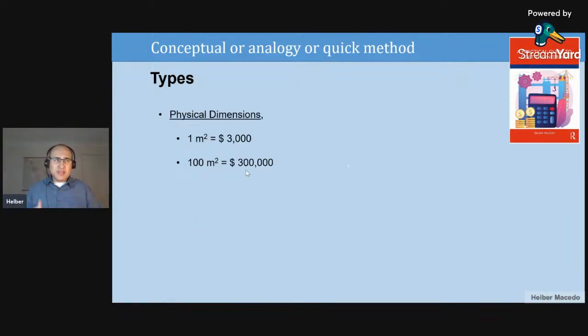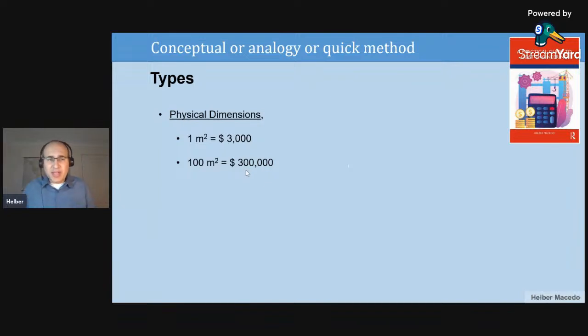Now we will spend more time on the physical dimensions. I will try to give more details about it. So here in the physical dimension, suppose, for example, that you are looking to buy a house or apartment or a flat in a region, and you know that the price per square meter for that region is $3,000.